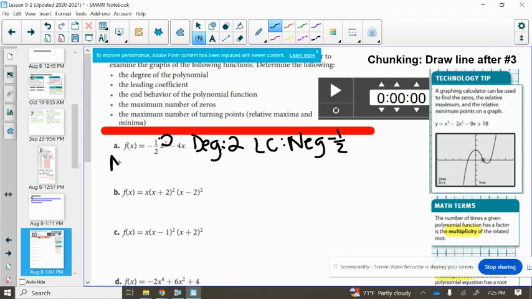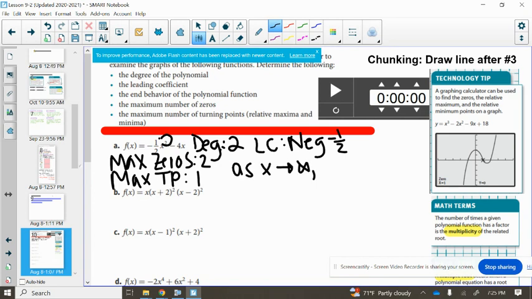The max number of zeros is going to be the same as your degree, so 2. The max number of turning points is always going to be 1 less than that degree, so 1. And we know that as x goes to positive infinity, because this thing right here is negative, our y values are going to go to negative infinity.